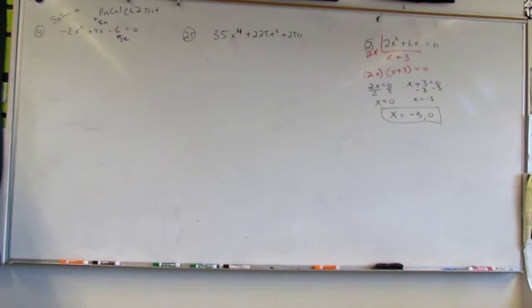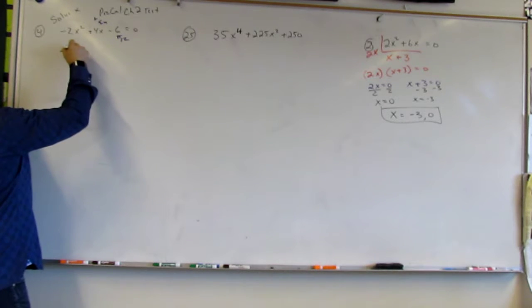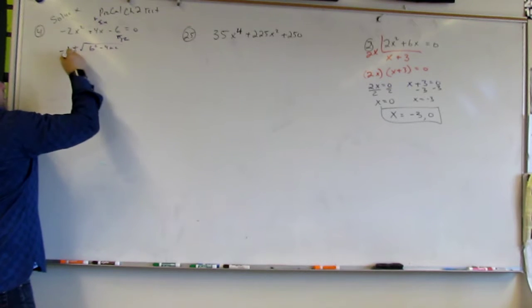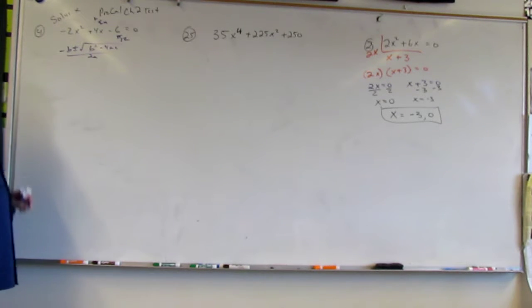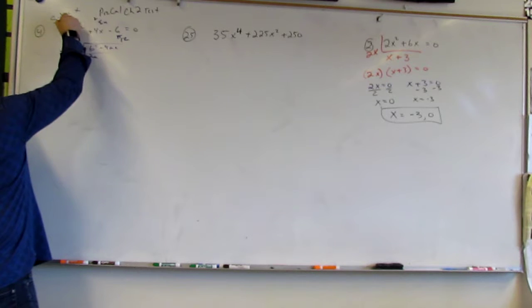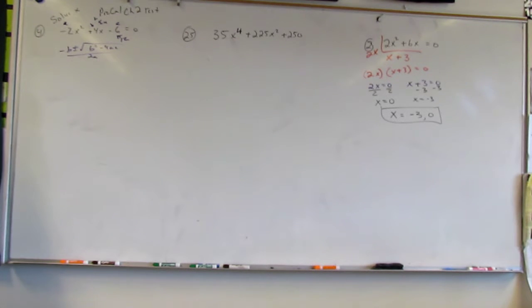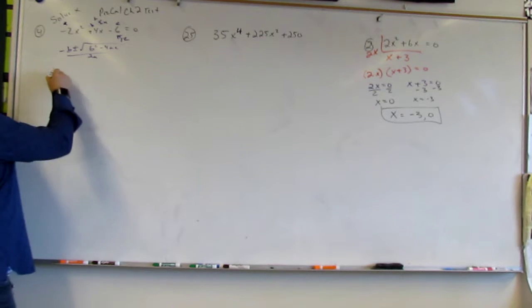I have to use the quadratic formula. So that means negative b, plus or minus the square root of b squared minus 4ac, all over 2a, where you have a, b, and c. So I start to plug that in: I've got negative b.